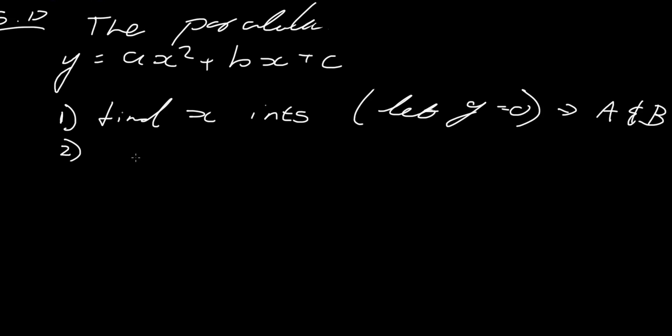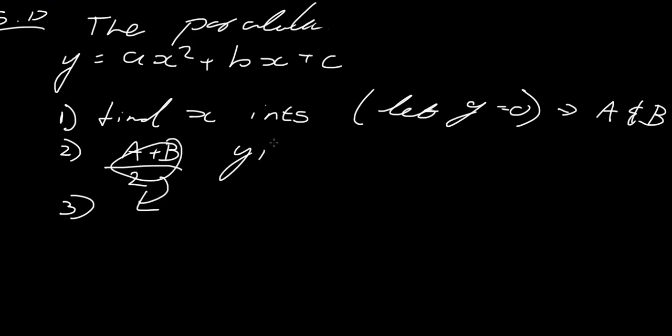The axis of symmetry is a plus b over 2. 3, the turning, 3 was actually the axis of symmetry. So this is actually step 3. Step 2 is the y-intercepts. So y-intercepts, as you should know by now, how do we do that? Let x equal 0. Okay, then we've done step 3 and step 4.